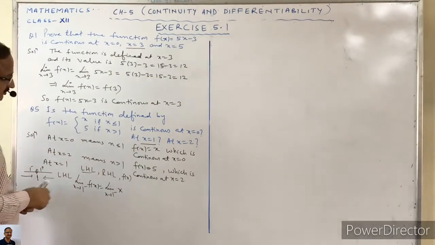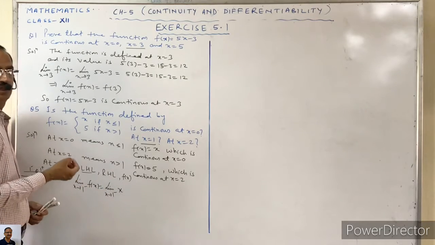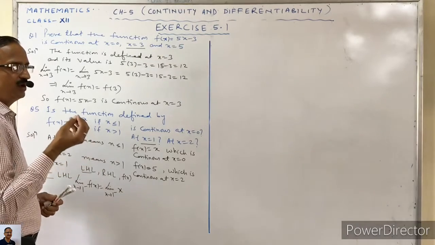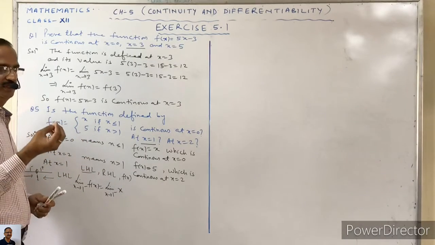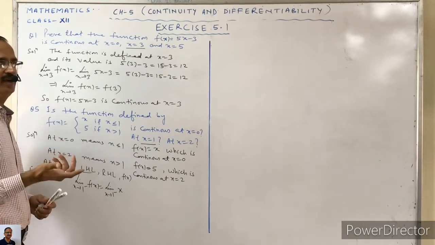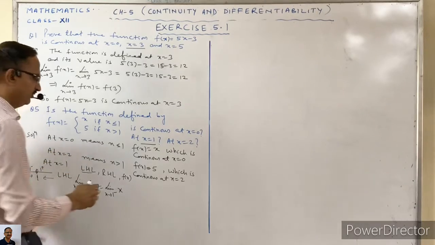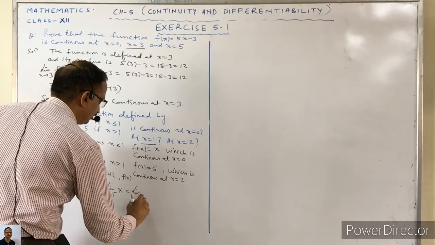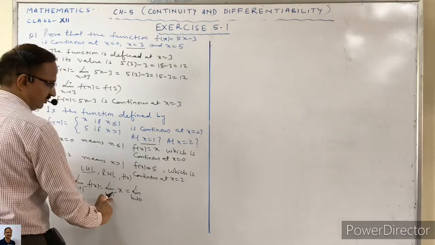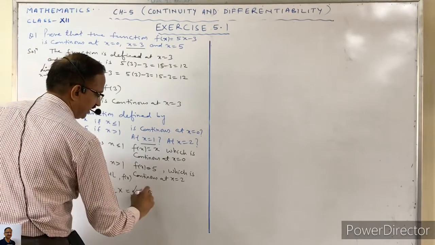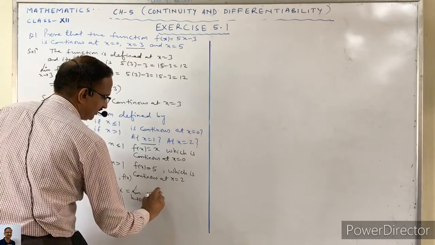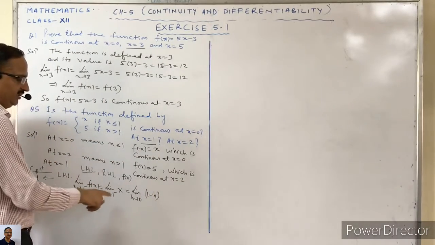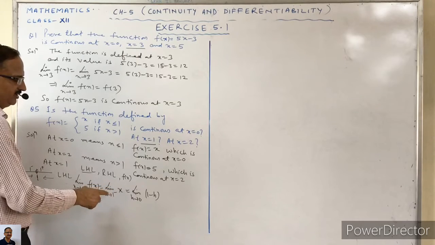Now we are considering slightly less than 1, so suppose that small quantity is h, and h is approximately equal to 0. So we can write this as limit h tends to 0, and in place of x, we will write 1 minus h.